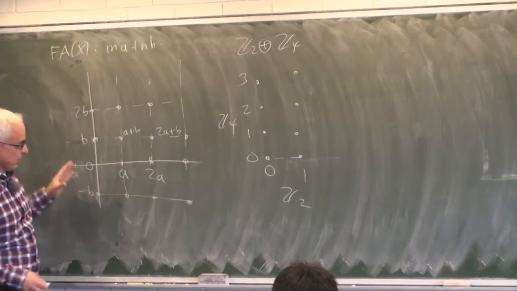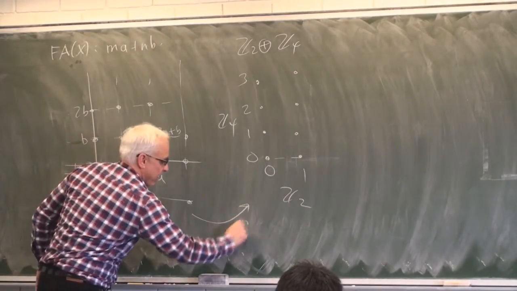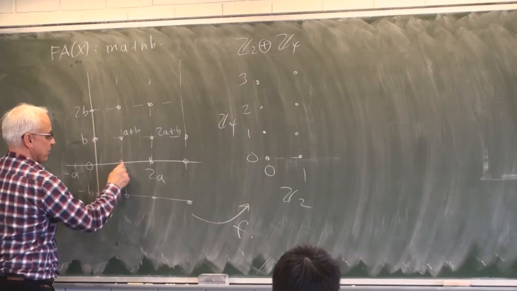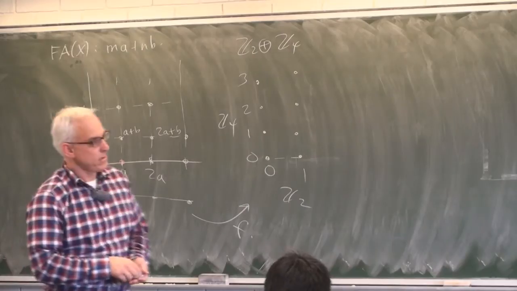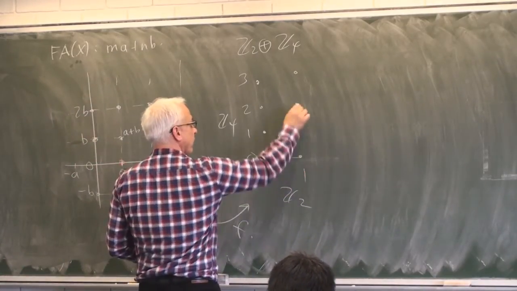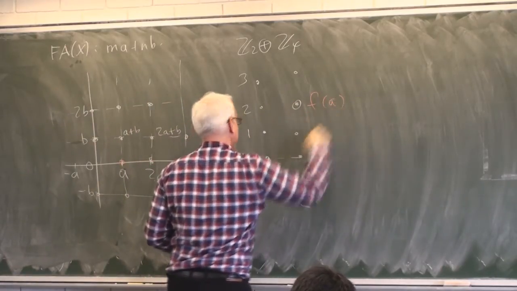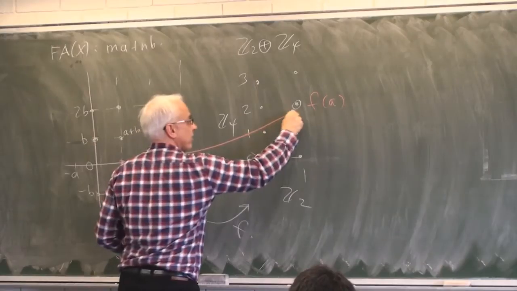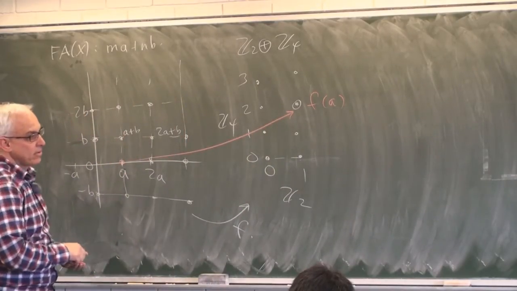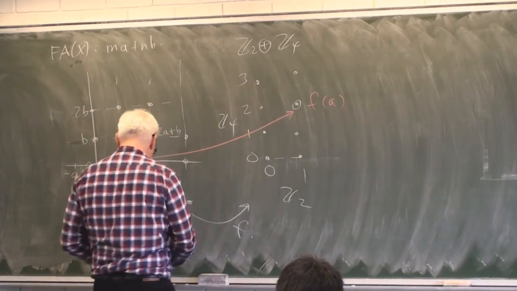And what did I do to establish this map? Well, I had a map F. And the map F sent A, this point here, to the point 1, 2. So here is f of A. So A got sent to that point, and B was sent to 0, 3, right here.